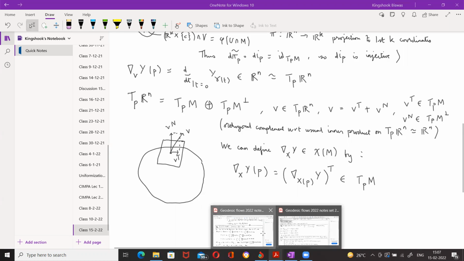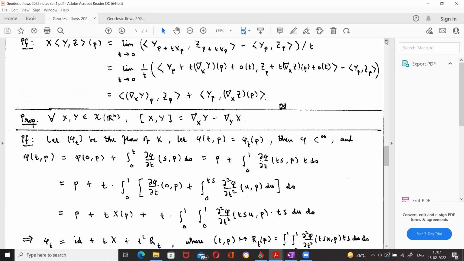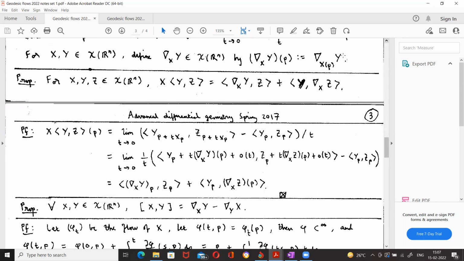So let's finish talking about the covariant derivative in R^n first, before talking about the covariant derivative on a submanifold of R^n. We'll see that it behaves nicely with respect to the inner product. So the first property is that if I take three smooth vector fields X, Y, Z on R^n, then the inner product between Y and Z at each point defines a smooth function on R^n.